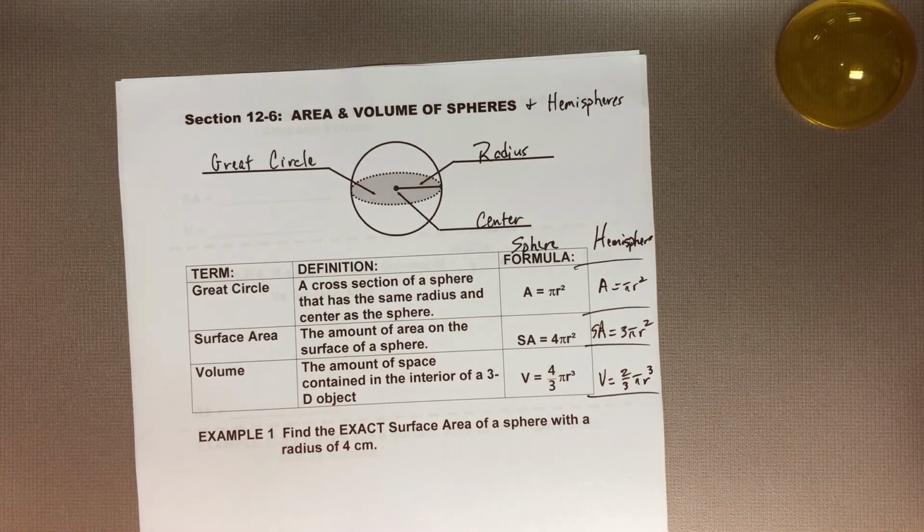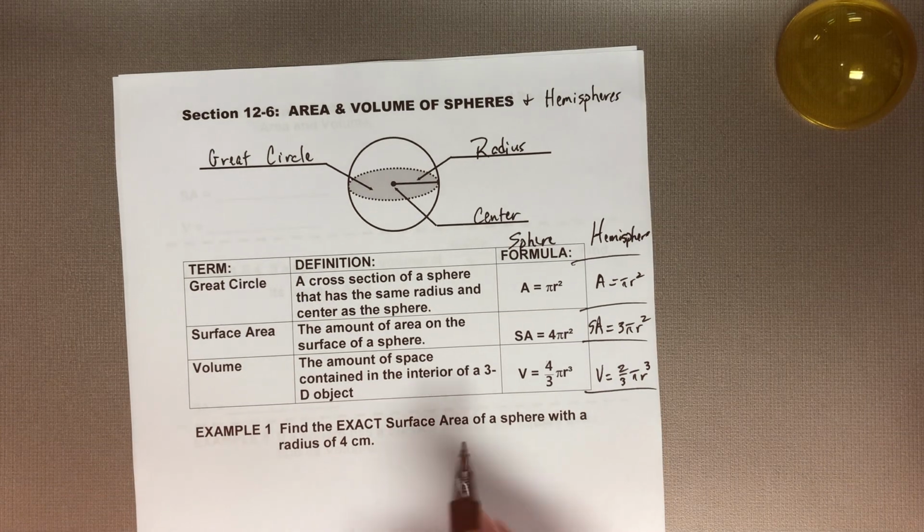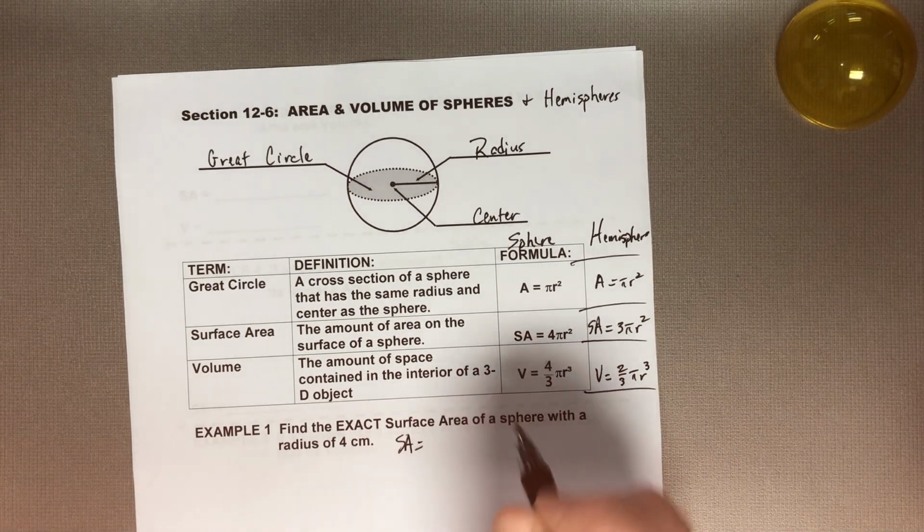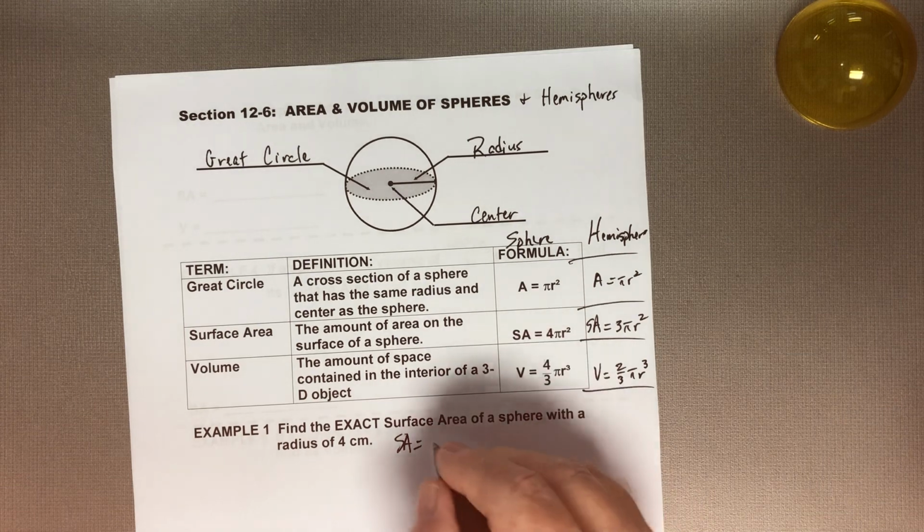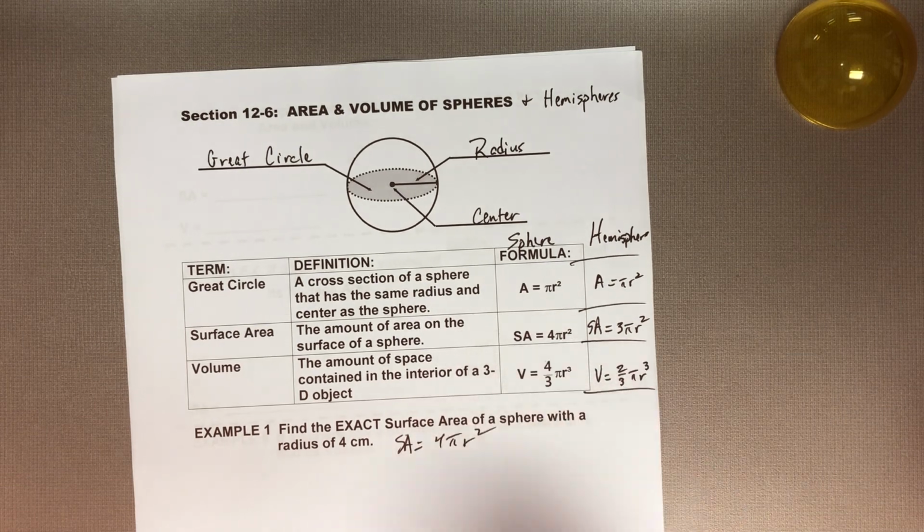Example number one says find the exact surface area of a sphere with a radius of 4. So we're looking for surface area, and we want the whole sphere, which is given by 4 pi r squared.